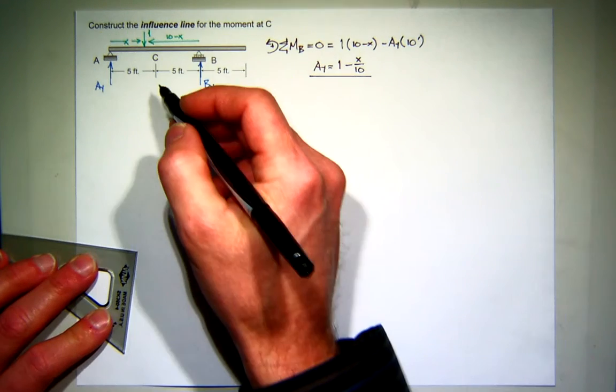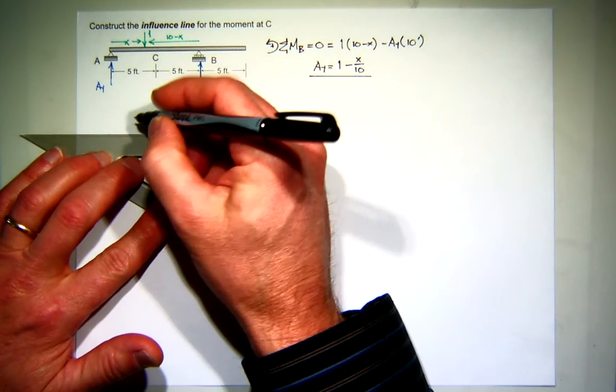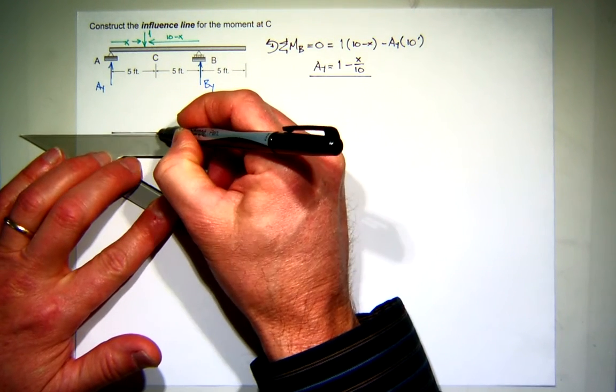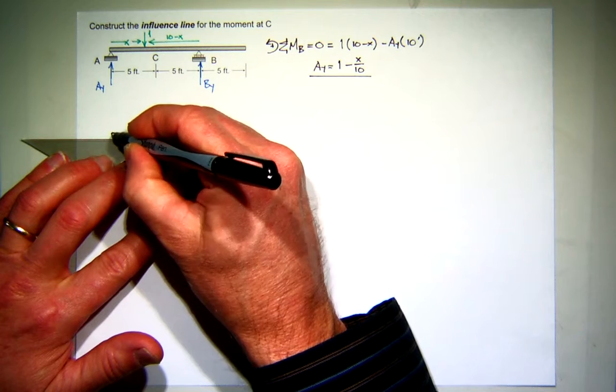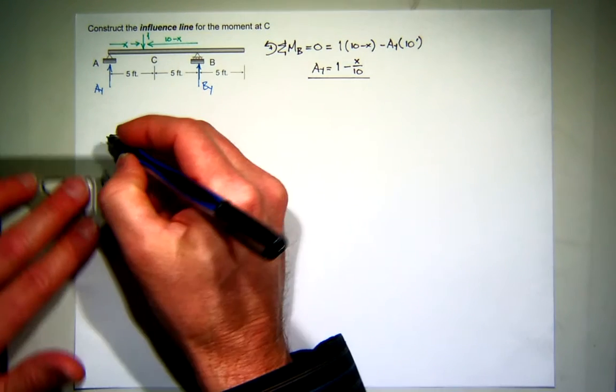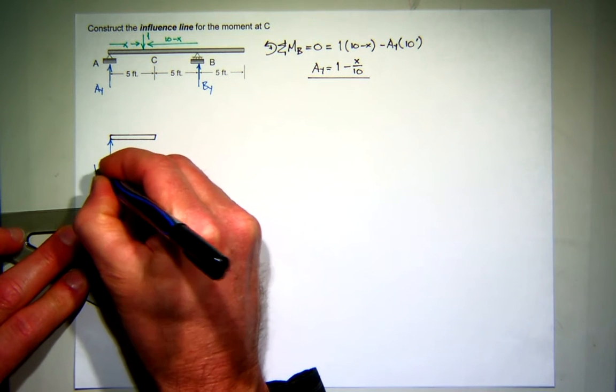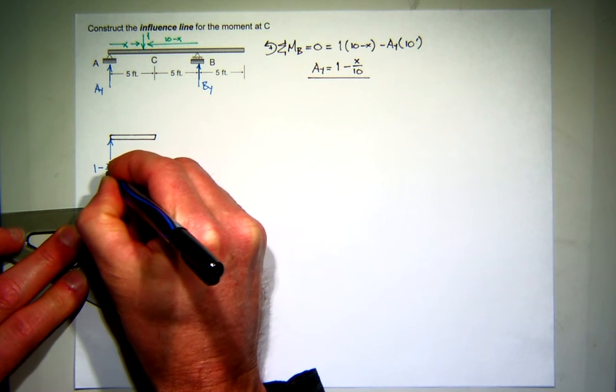So now let's go back and find the moment at C. So I'll draw a free body diagram for that. So there's my chunk of the beam. We'll put our reaction that we just found. So we know AY, I assumed it was up, and has a value of 1 minus X over 10.